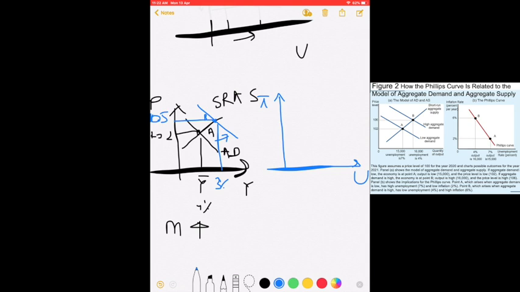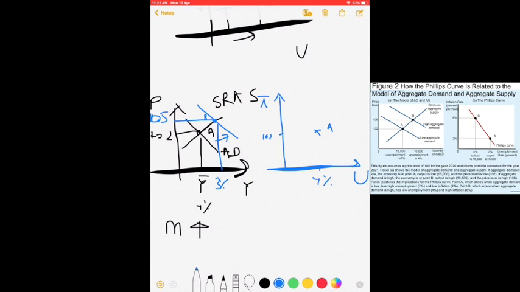this axis. At point A, the price levels were 102 and the unemployment level was 4%. This is the point where the economy was initially.